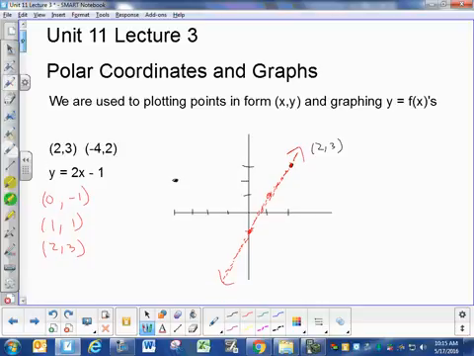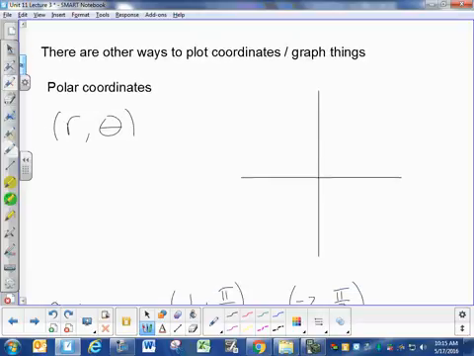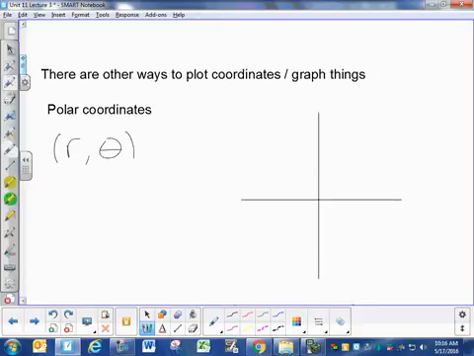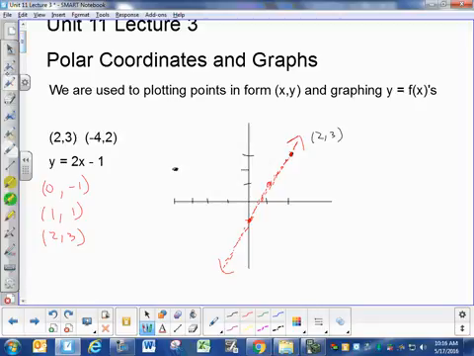Well, let's change it up. We can list coordinates instead of as an x and a y as an r and a theta. They're called polar coordinates. Okay? Now, it's important to understand if we had the x's, y's, x was an x distance, y was a y distance from the origin.